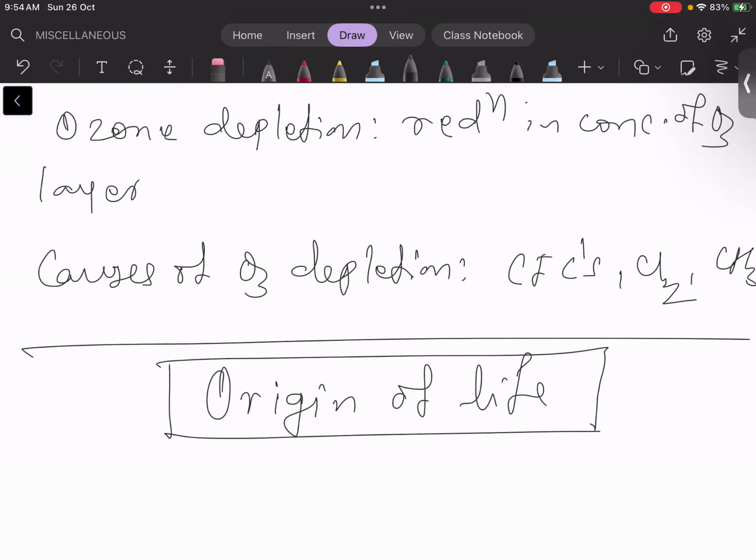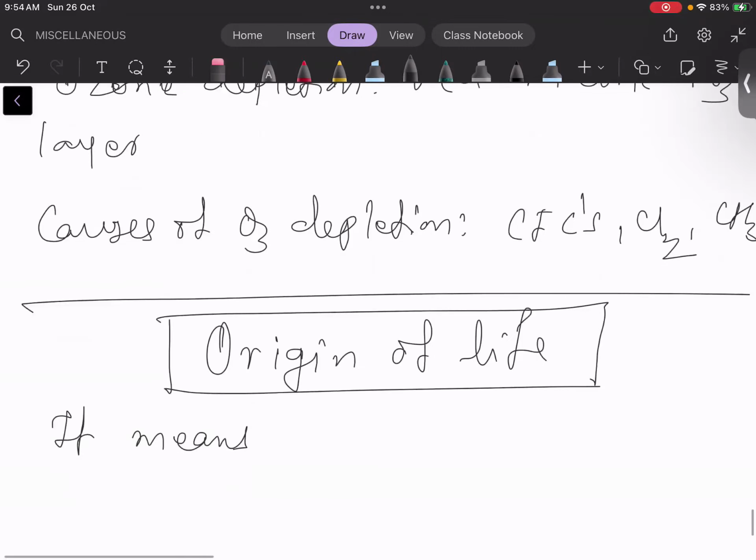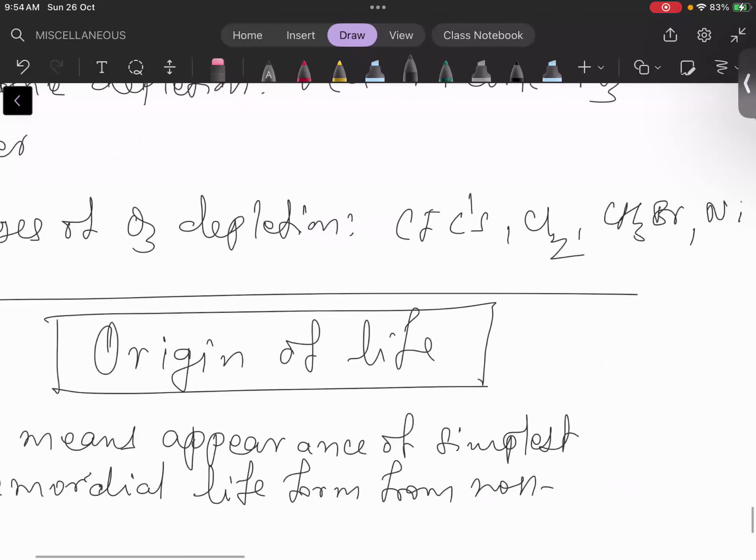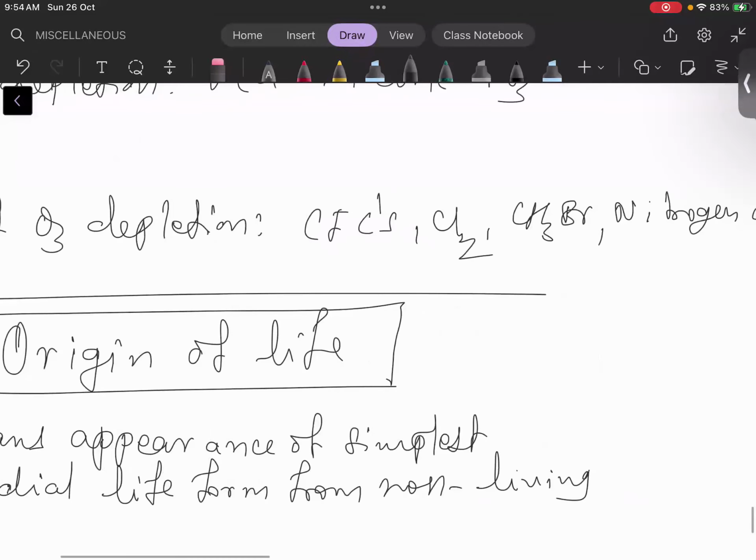Origin of life means appearance of the simplest primordial life formed from non-living matter.